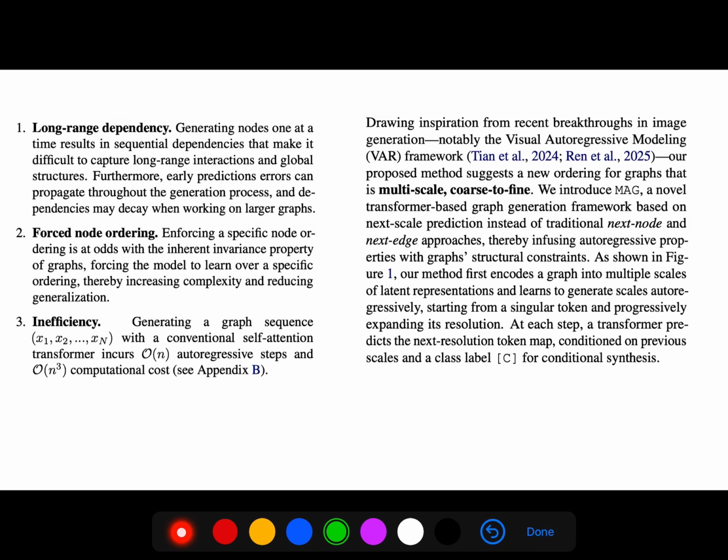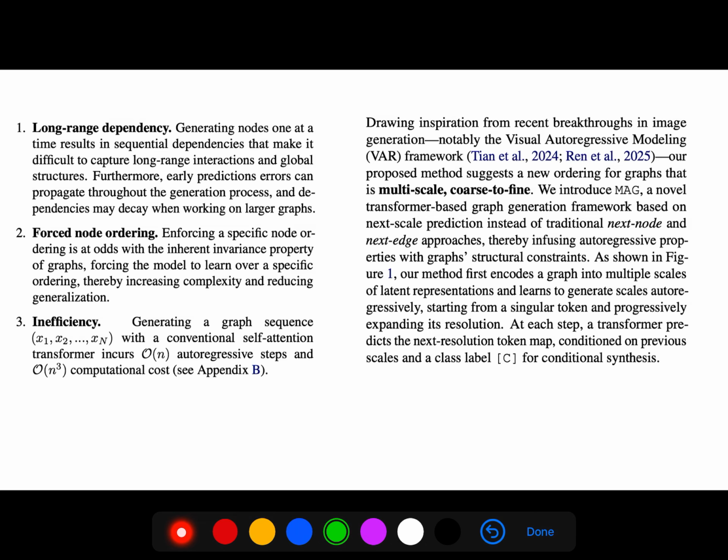And finally, inefficiency. Generating a graph sequence with a conventional self-attention transformer incurs order of n autoregressive steps and order of n cubic computational costs. Drawing inspiration from image generation, for example, visual autoregressive modeling, our approach suggests a new ordering for graphs that is multi-scale, coarse to fine.